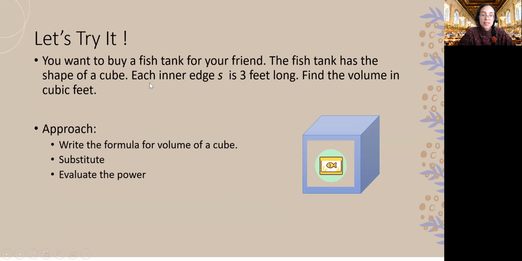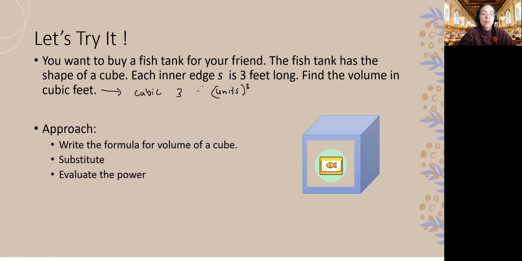So let's try an example. You want to buy a fish tank for your friend. The fish tank has the shape of a cube. Each inner edge S is 3 feet long, and we're asked to find the volume in cubic feet. So before we begin, remember we said cubic means 3, so it would be like units cubed.